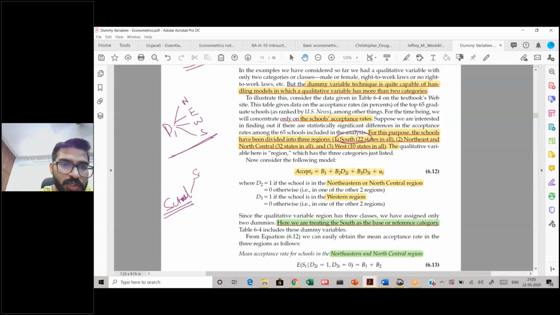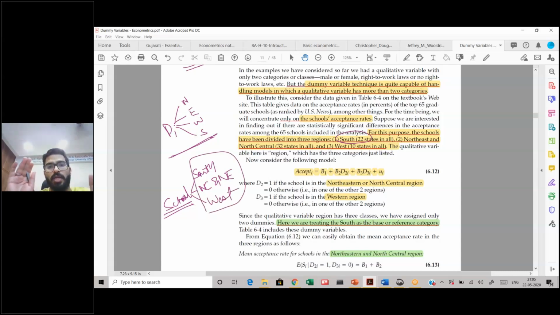One, schools from South India; two, schools from North Central and North East, which you have combined; and three, schools from West. These are the 3 kinds of schools that you're taking.